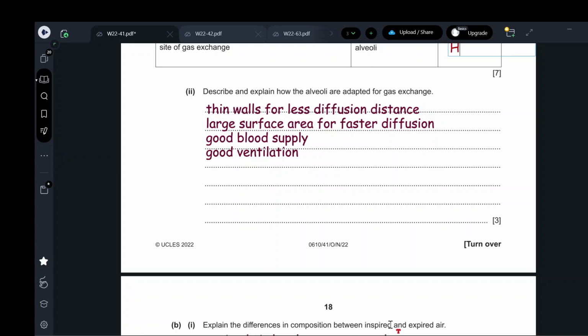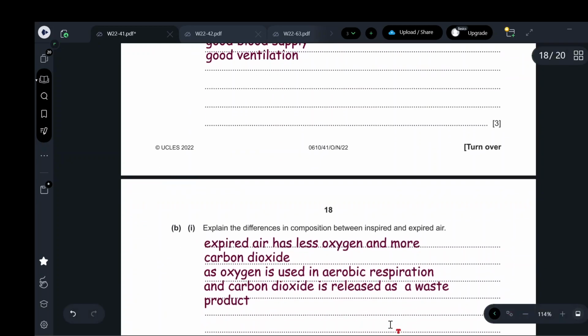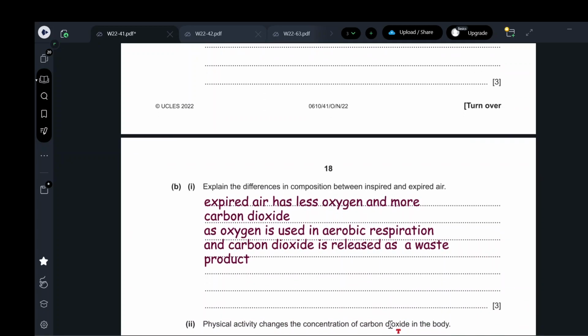The expired air has more carbon dioxide because carbon dioxide is a waste product of respiration. So you have to tell him the reason when you explain the differences between the inspired and the expired air.